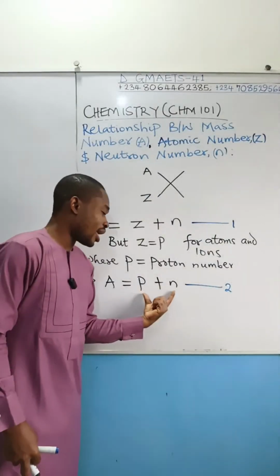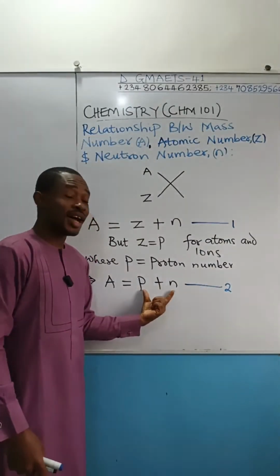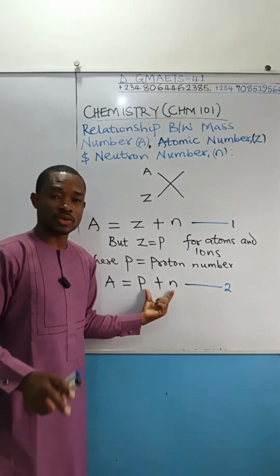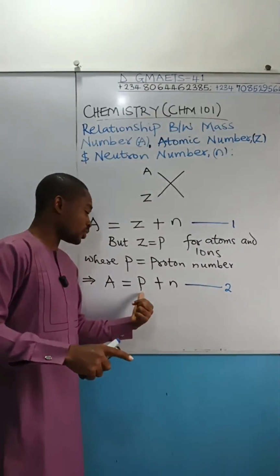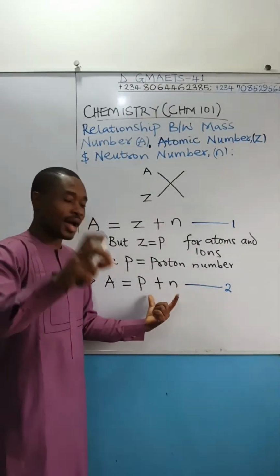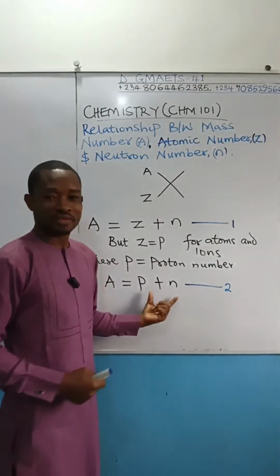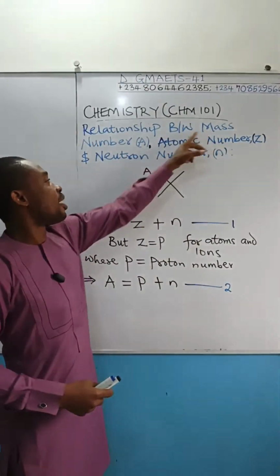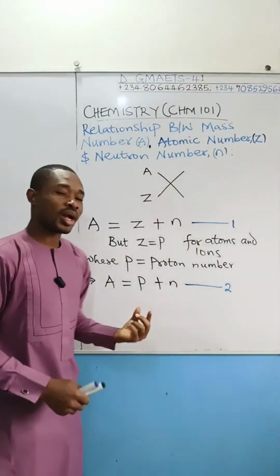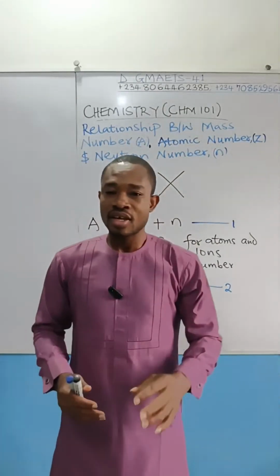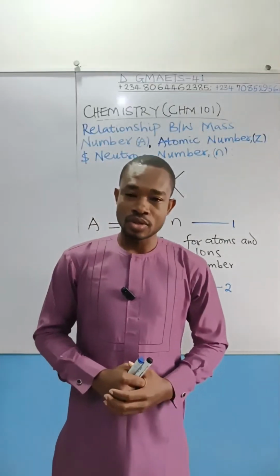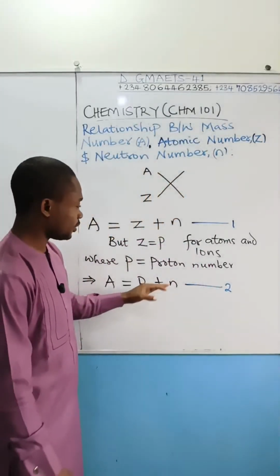No wonder I told you earlier that the two nuclear particles, protons and neutrons together, determine the weight of the atom. They determine the mass of the atom. They give us an idea about the mass number A. So clearly we can say the mass number A is equal to proton number plus neutron number.